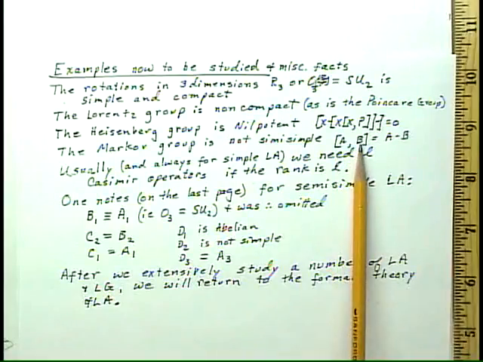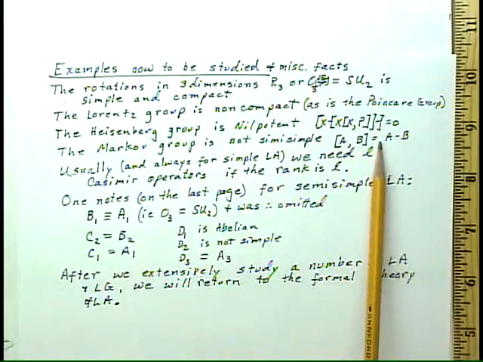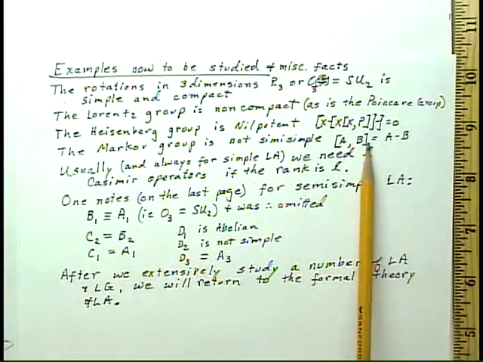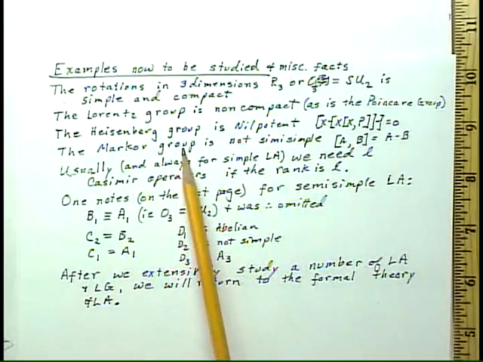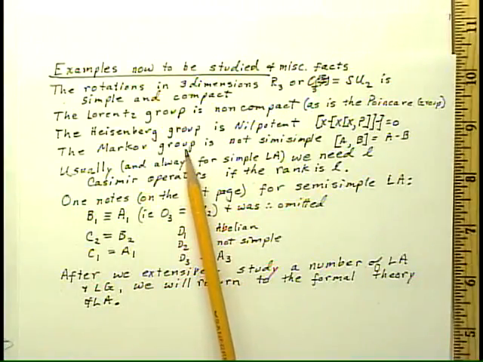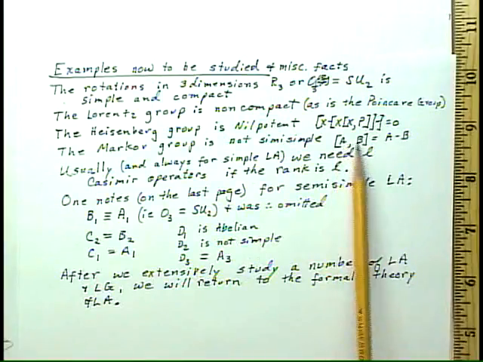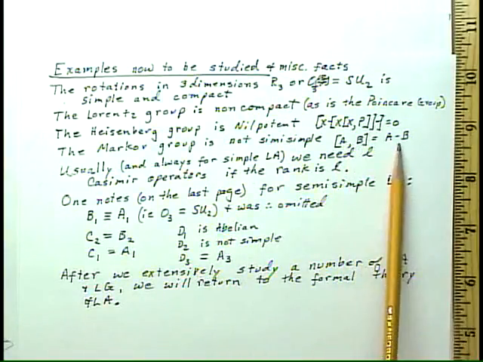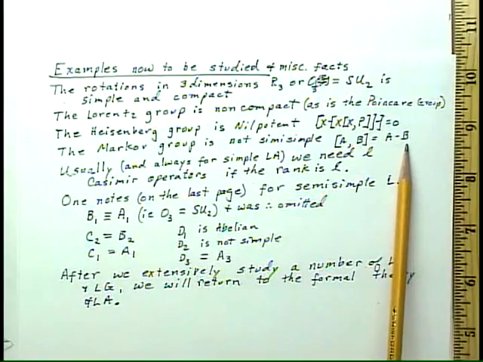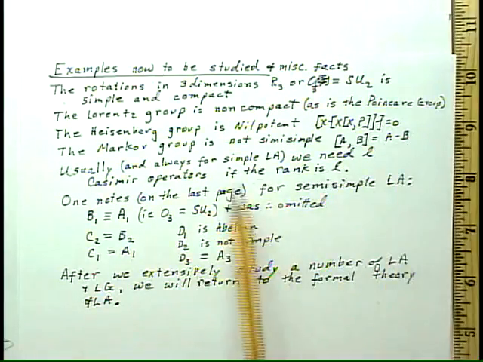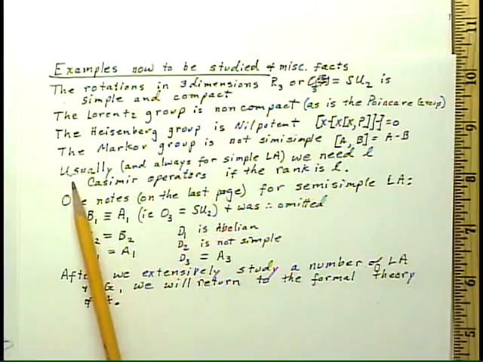There you have the commutator of A and B is A minus B, and one notices that this Markov group, which will play a very important role in what we do toward the end of the course and some of the directions we take, the corresponding algebra for it has two elements, and this is, you might say, as elementary a Lie algebra as one can possibly get. We can't use the word simple because that's technical.